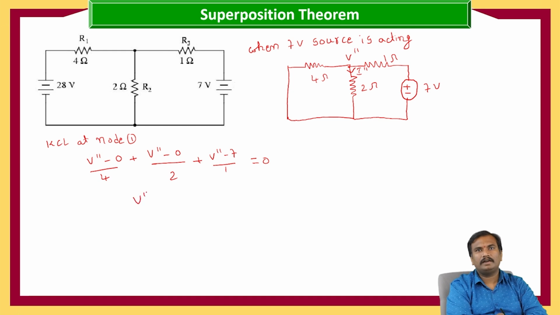Now if we take V double dash common, we are going to get 1.75, which is equal to 7.